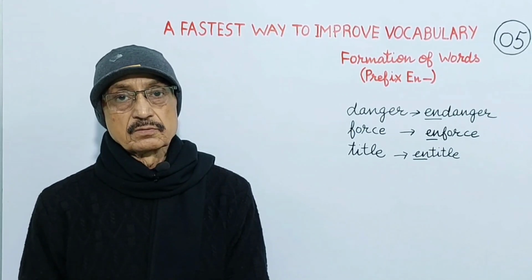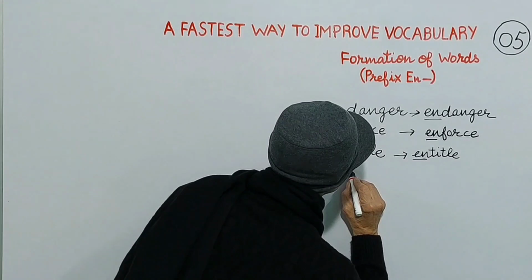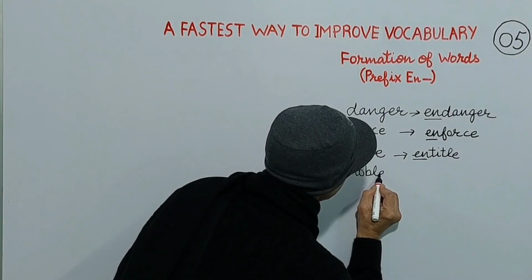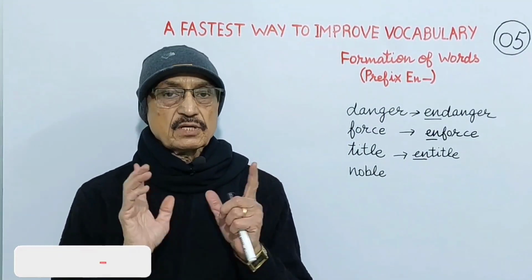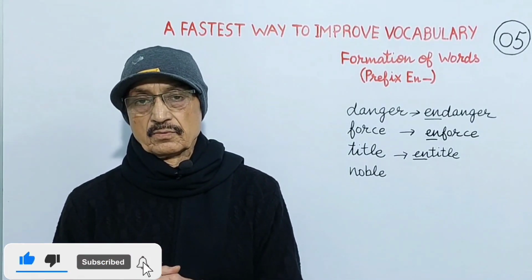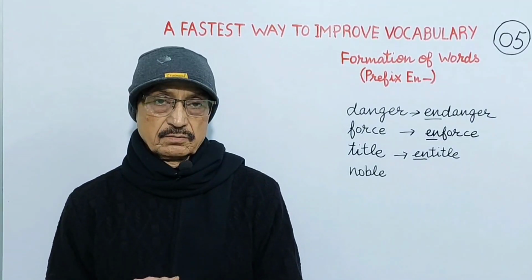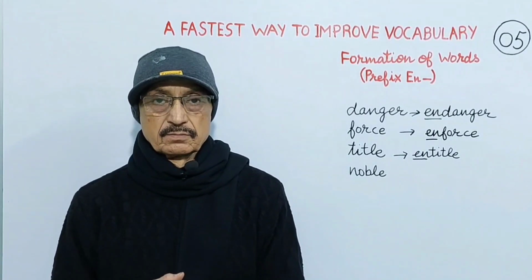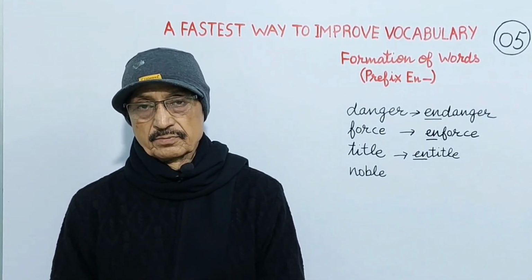Next comes noble. Noble is an adjective as well as a noun. When it is an adjective, it means gentle, royal, regal, blue-blooded, upper caste.